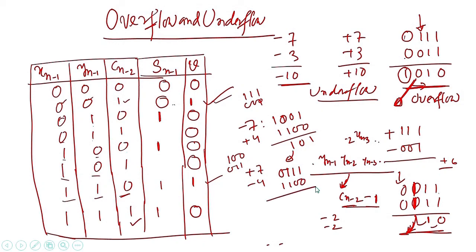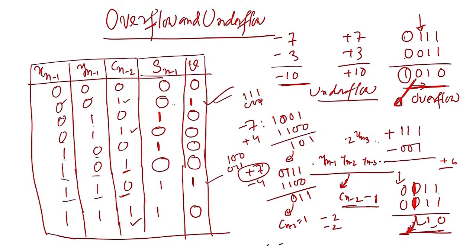Now, if you add these numbers, we are getting a carry out bit, C(n-2) is 1, but the number will be a positive number. So, if there is a carry out bit when we add it, the number will be positive. So, this will be 0, and the carry out bit is 1, so then the number will be positive.